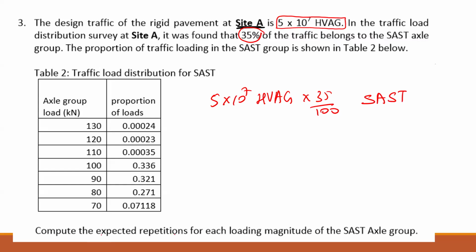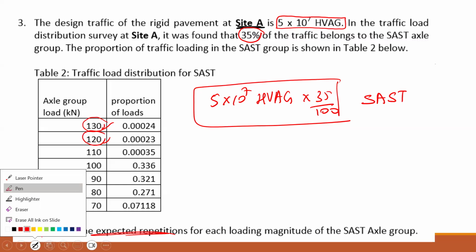So we need to find out, of this SAST, how many single axle, single tires are with different loadings. How many are with 130 kilonewtons, how many with 120, how many with 110, like that.